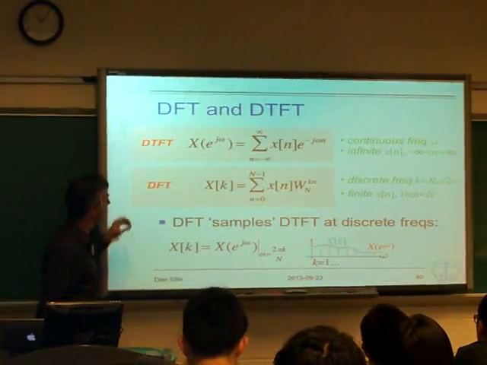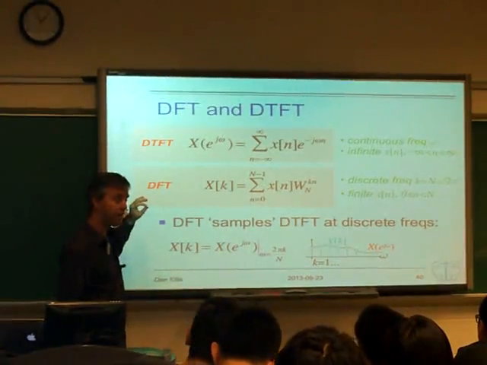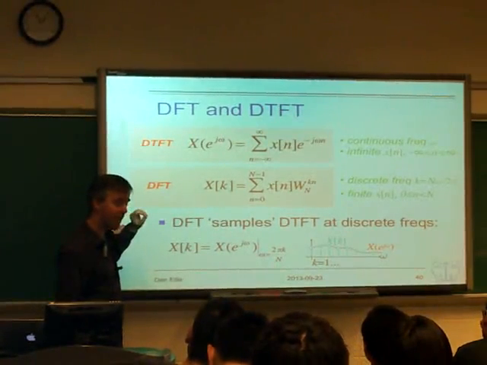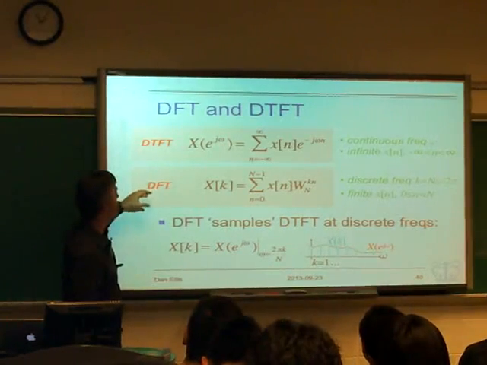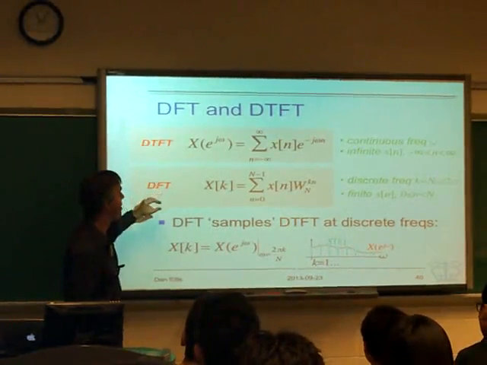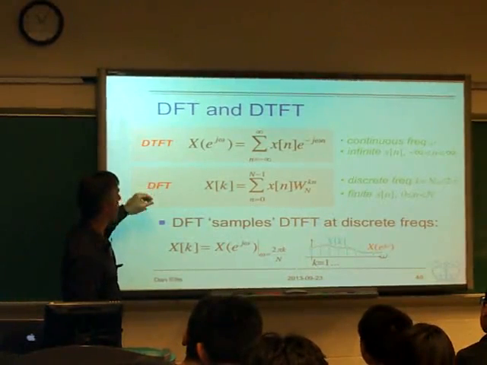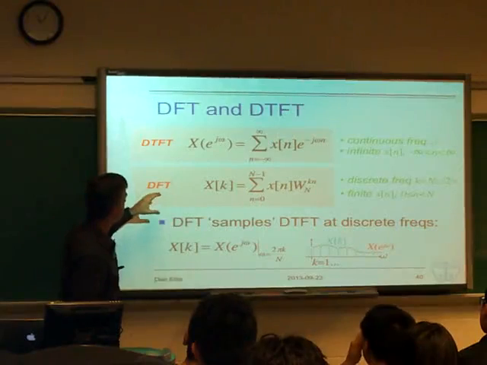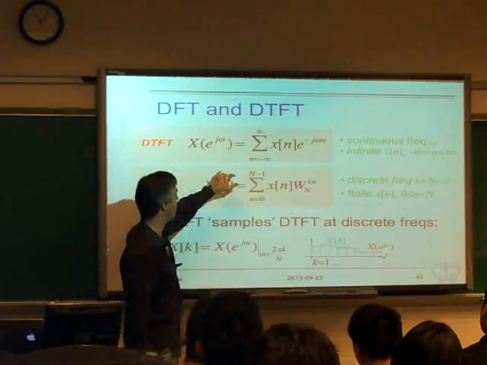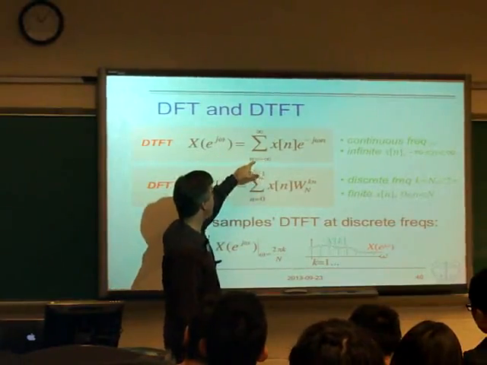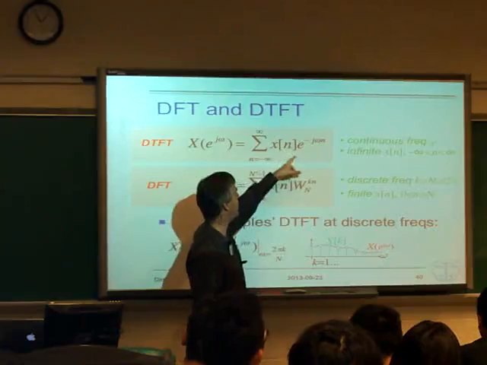So let's just contrast and try to cement the relationship between the DTFT and the DFT. Here I've written down the analysis equations, the forward transforms for both of them. DTFT, X of e to the j omega, continuous function, continuous omega, is the sum over all infinite time of x of n e to the minus j omega n.